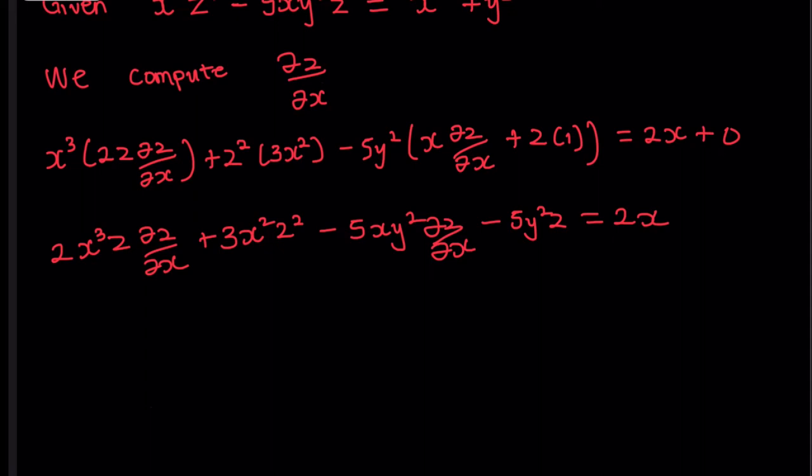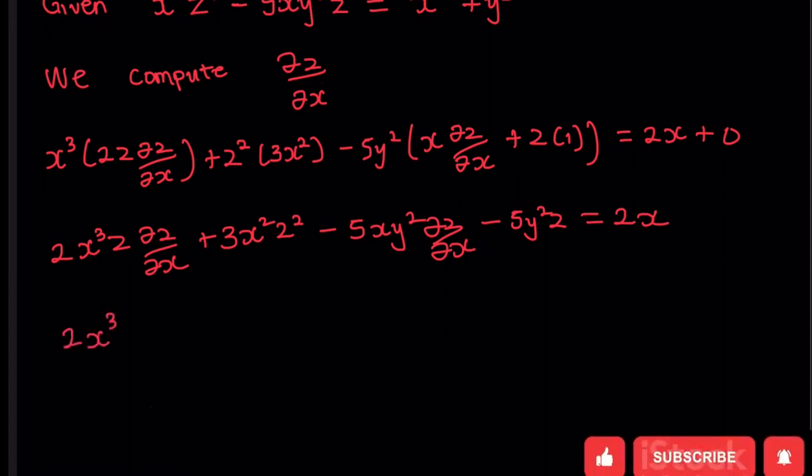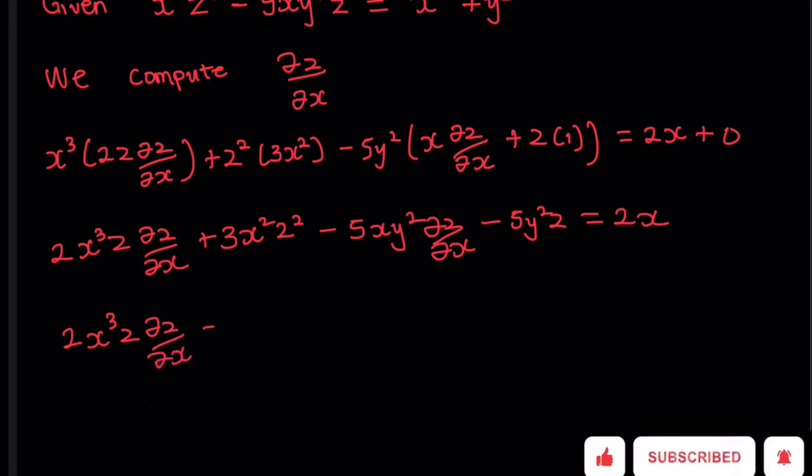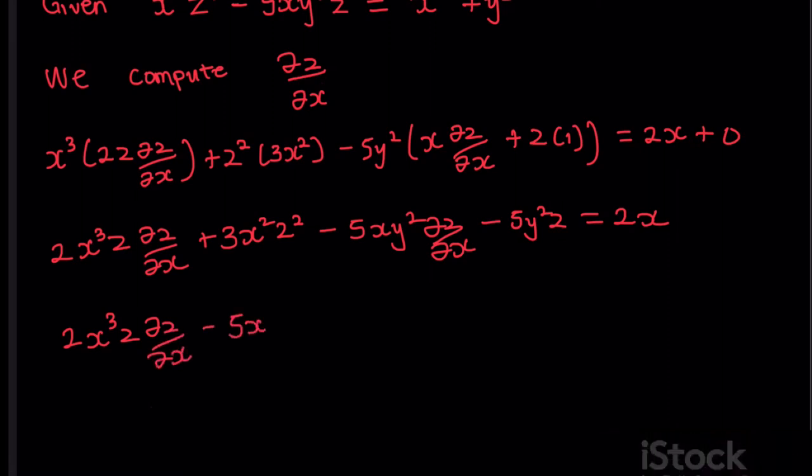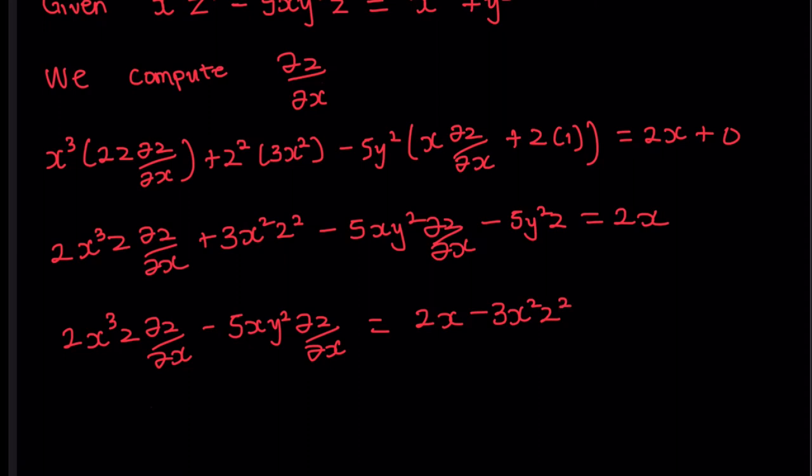Now let's group the terms with del z del x on one side and the terms without del z del x on the other side. We are going to have 2x cubed z del z del x minus 5xy squared del z del x is equal to 2x minus 3x squared z squared plus 5y squared z.